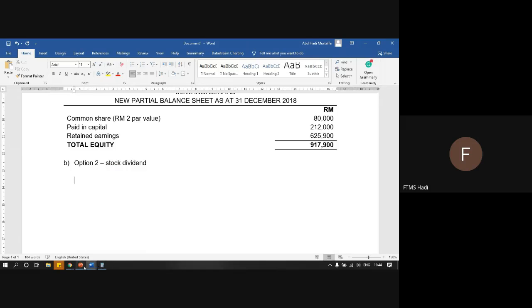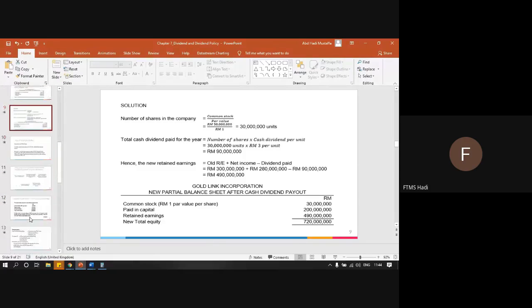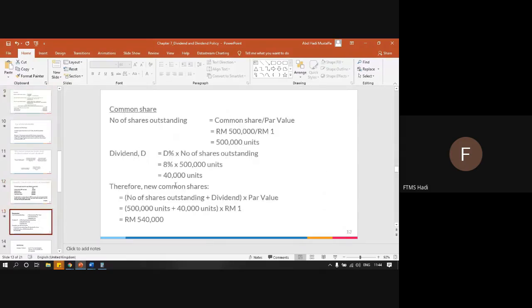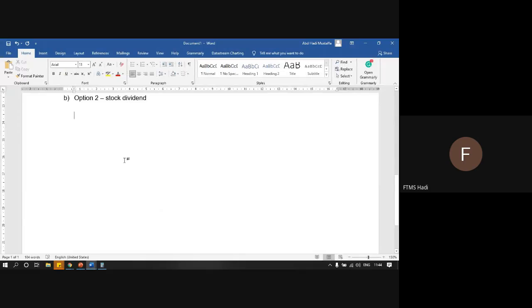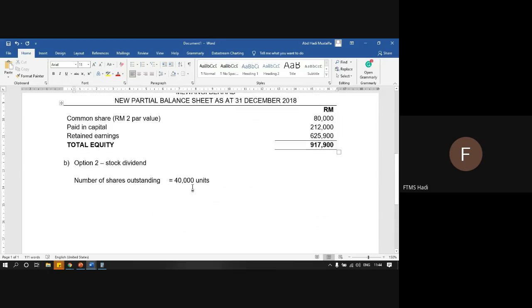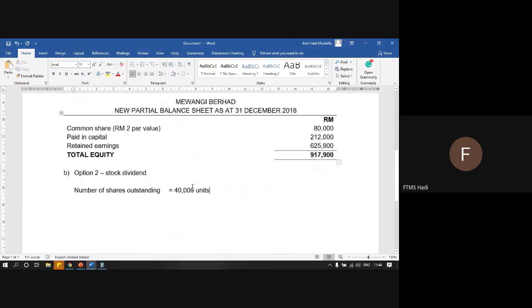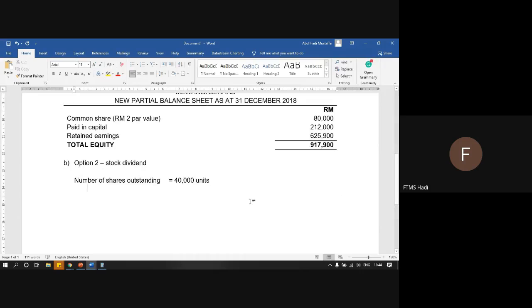For stock dividend, the number of outstanding shares we already calculated, 40,000 units up there. So we just take it, you no need to do the double calculation.